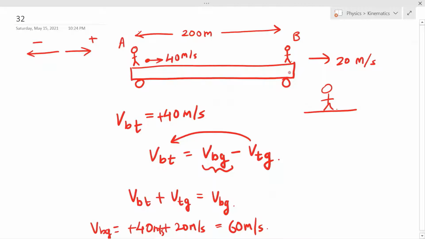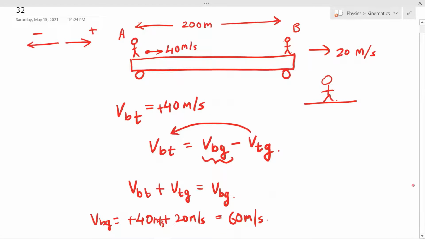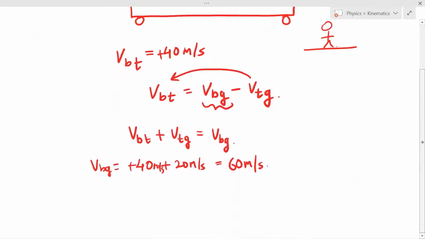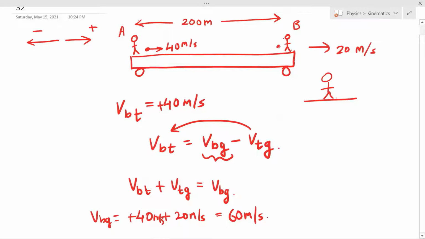Now what if this person B throws a ball with 40 meter per second velocity in this direction, the left direction? I'm assuming infinite acceleration over here because I want to deal with the uniform velocity.